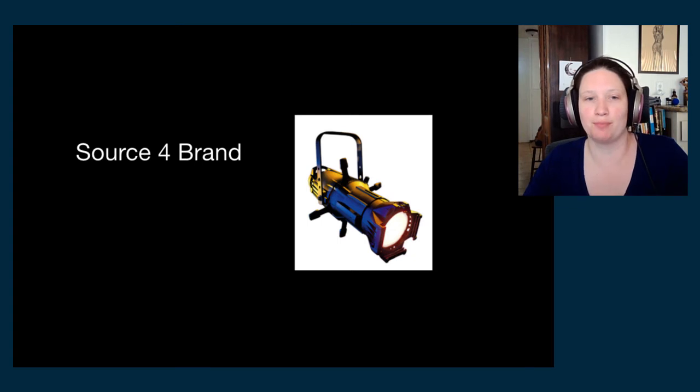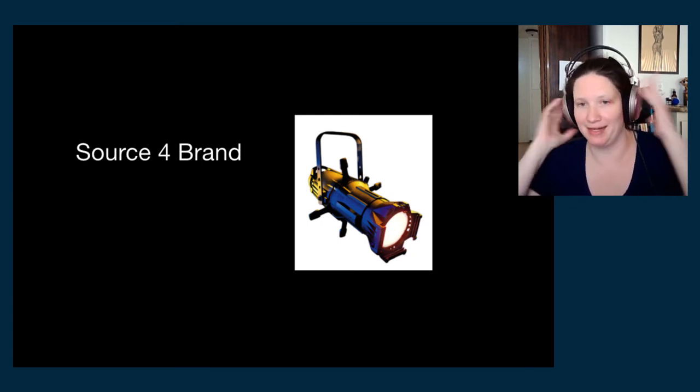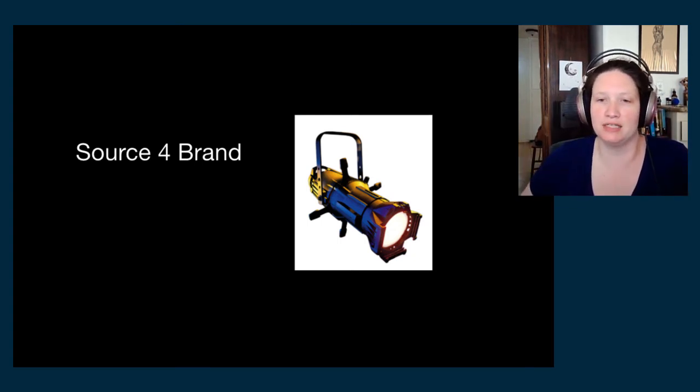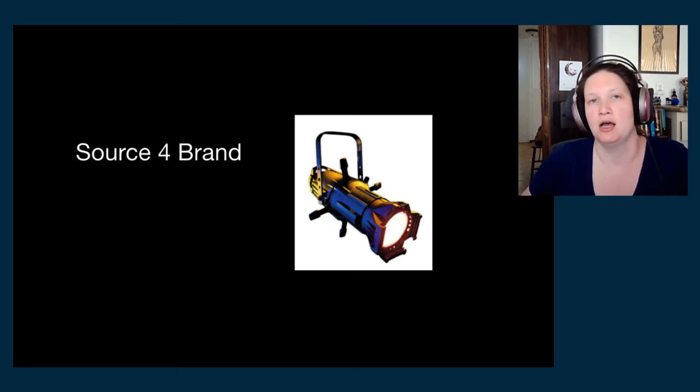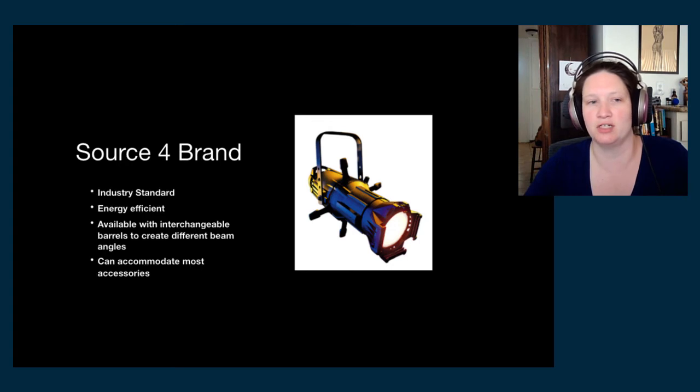So your Source 4 brand, it's actually a brand name. This is what you will most often hear. You're most often going to hear about Source 4 ellipsoidals, especially as we move forward. There are definitely older fixtures that you'll still run into, but the Source 4 brand has become an industry standard.